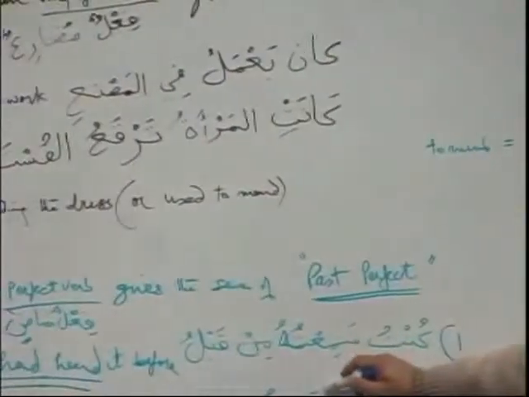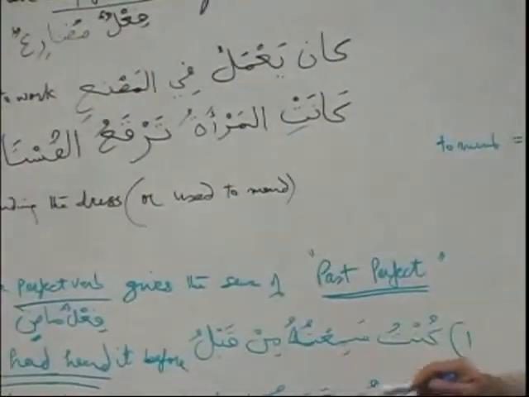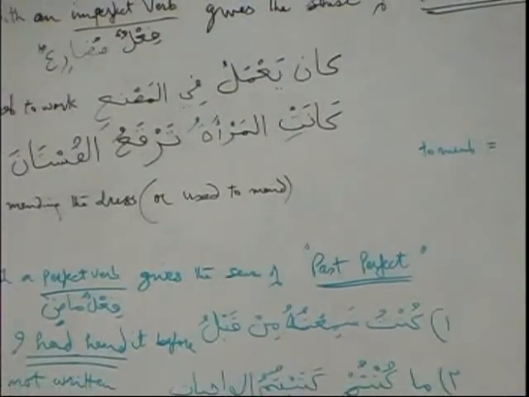So kana, brother and sister, kana with a madi, another verb with a madi, gives you the feeling of had. Past perfect means had done something. Are you with me? So if you want to write a sentence, I had done something, I had heard something, I had gone somewhere, then you will use kana with fi'l madi.